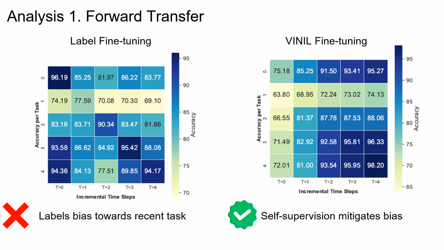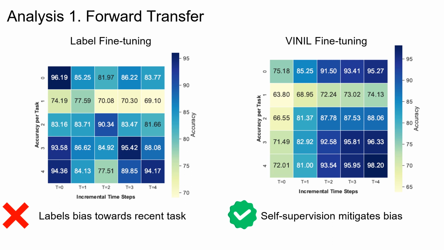As you can see on the left, the label supervised variant leads to a strong performance only for the current task, evident from the high performance within the diagonal. This simply indicates that label supervision biases the learner towards the recently observed task data, and it cannot retain its performance afterwards.